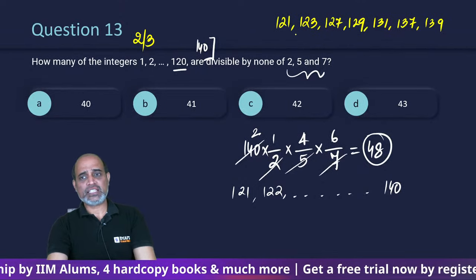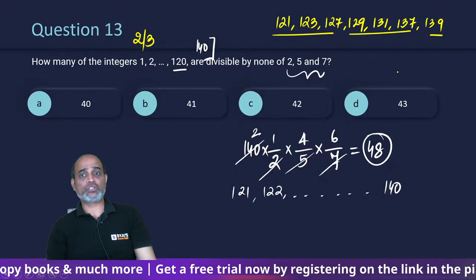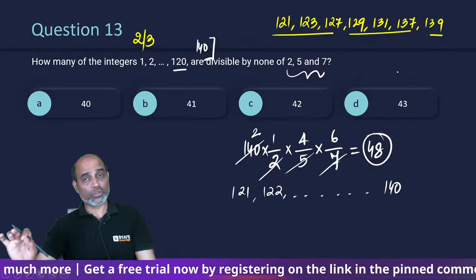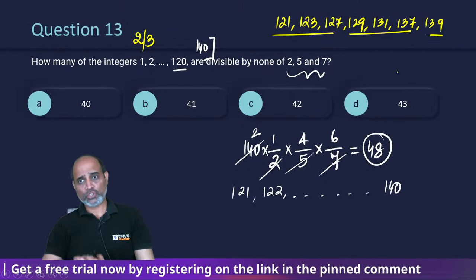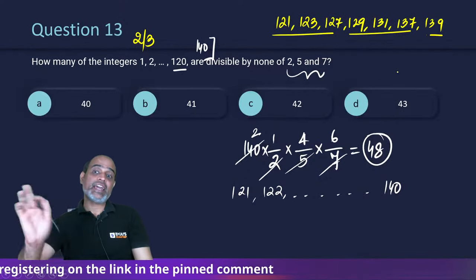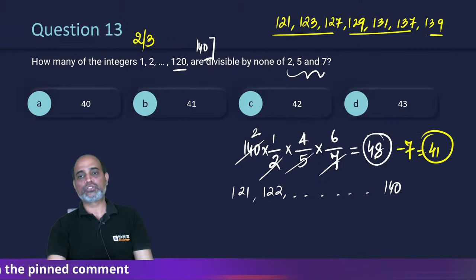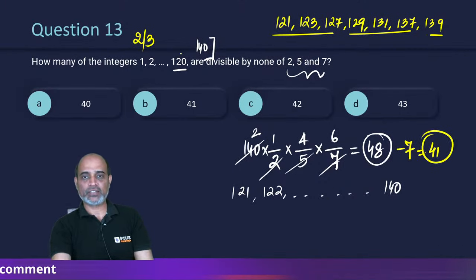So can we say these are 3, 3, 6, 7? These are 7 numbers which are divisible by neither 2 nor 5 nor 7. Not divisible by any of the three. These 7 numbers are extra added in this 48. Let's get rid of them. I'll get all those numbers up to 120. So 41 becomes our answer.